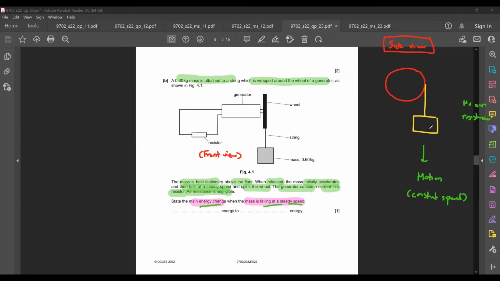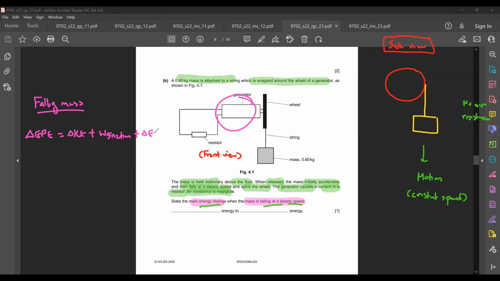Now, under most circumstances, when you're talking about a falling mass like this, you would have probably said that the loss in GPE is equal to the gain in KE plus work done against friction. But because you have a generator here, you will probably say this one has electrical energy, no?